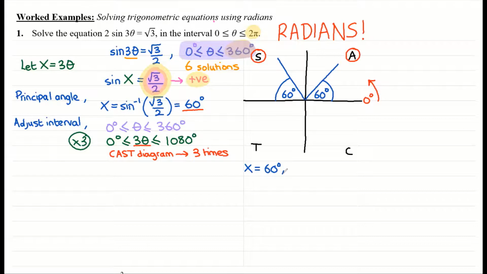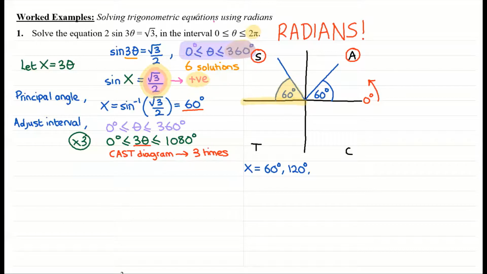The next one is going to be 60 less than 180, so that's going to be 120 degrees. Just in case you're not sure why that is, this is 180 here, and then we have to go 60 less to get to this blue line. So that's going to give us the first 2 solutions.